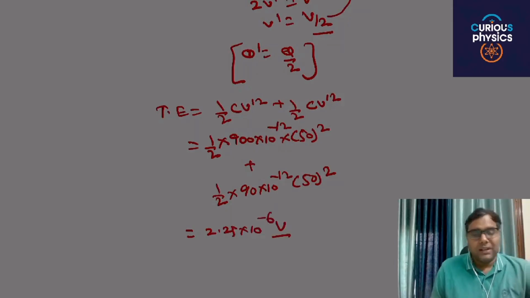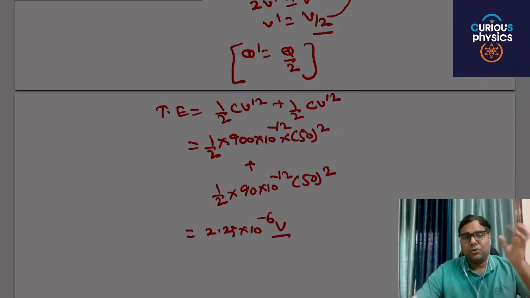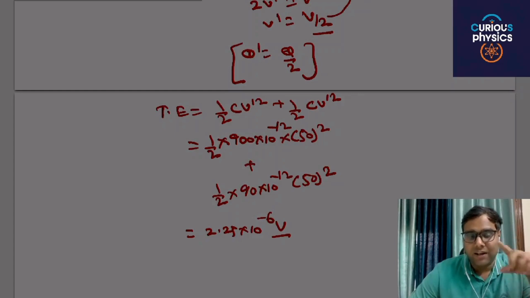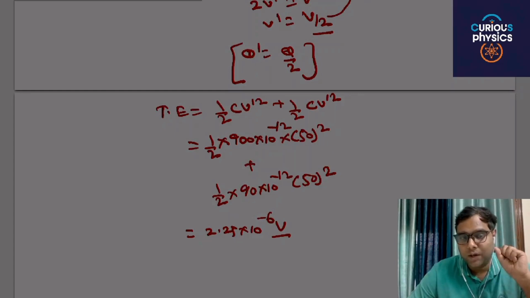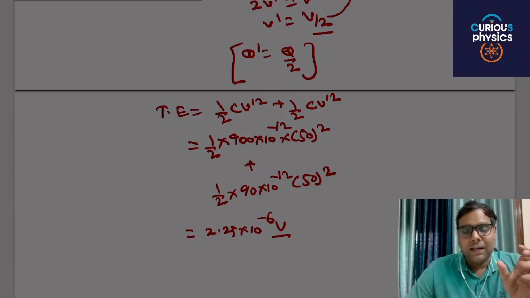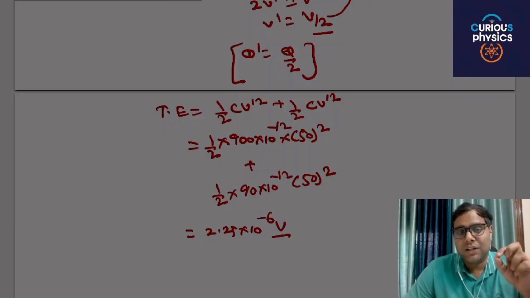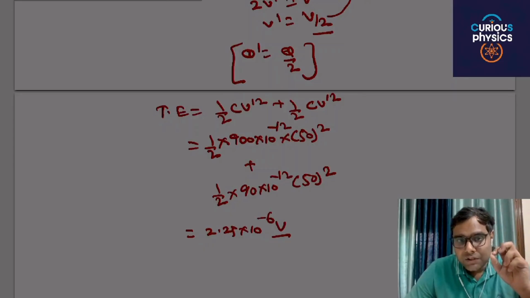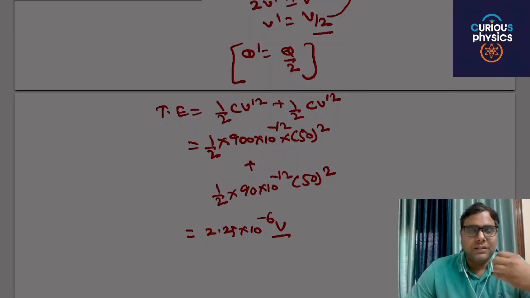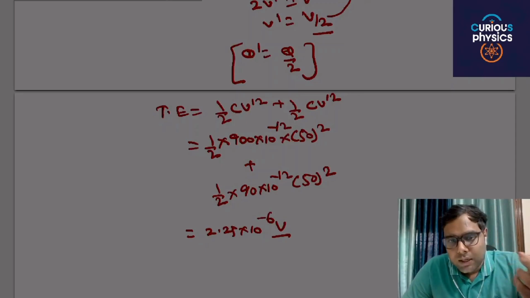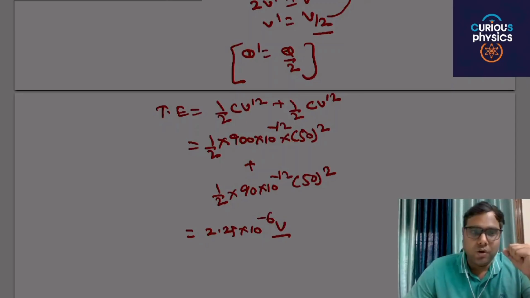So the initial energy will be 5 into 10 raised to power minus 6, and the final 2.25 into 10 raised to power minus 6. Where will the remaining energy go? The energy difference between initial and final will be dissipated in the form of heat.